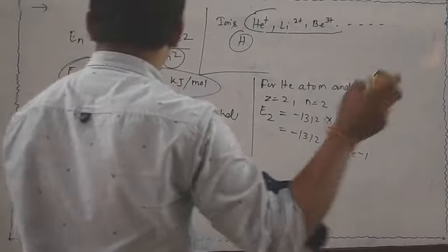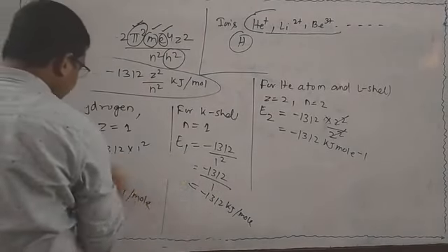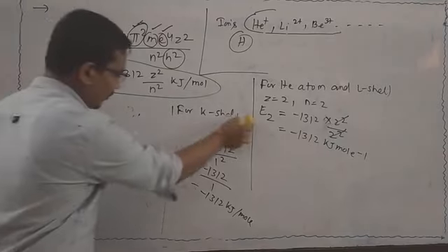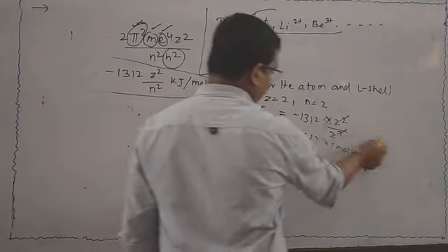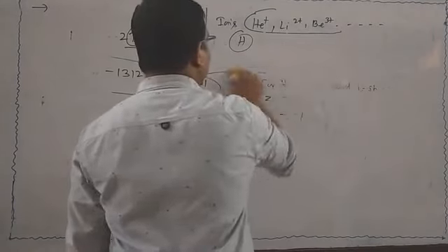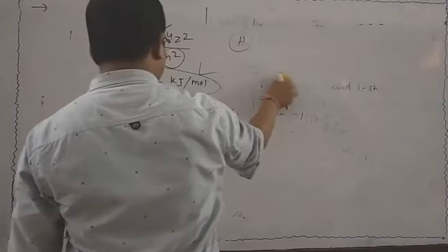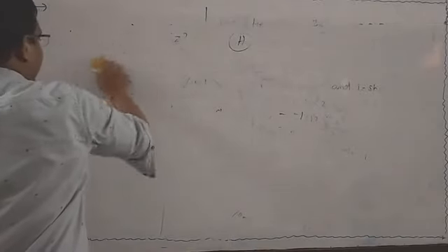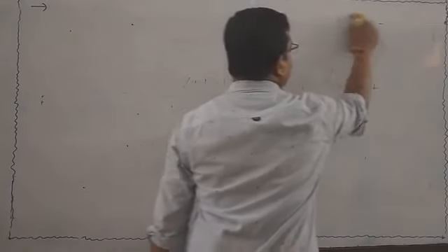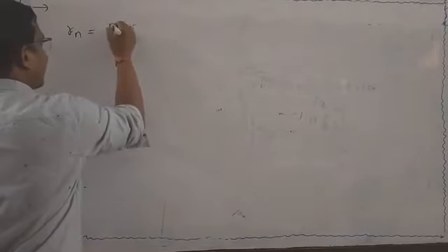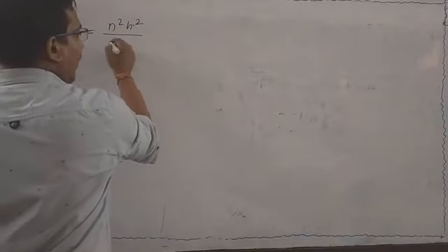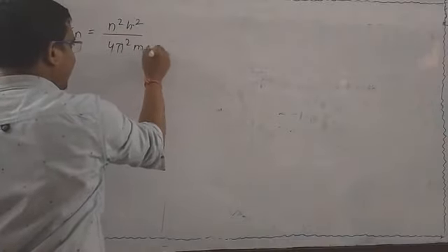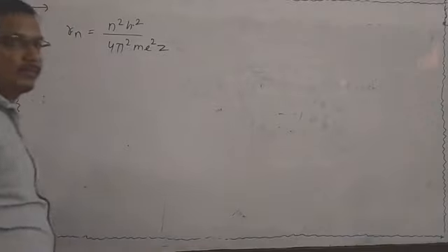Next, we know that for finding the radius of an orbit we also have a formula. The radius Rn is equal to n²h² by 4π²me²Z.